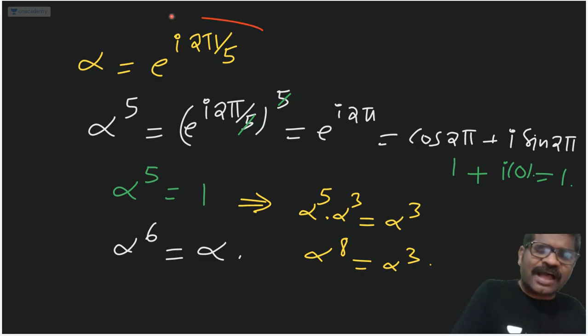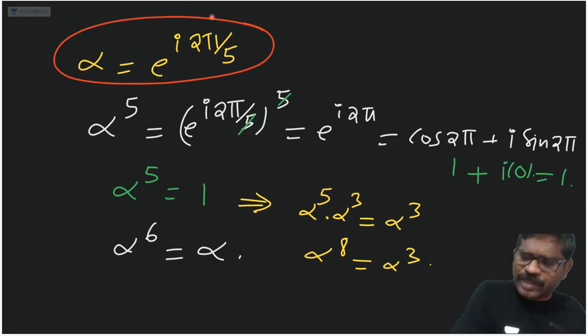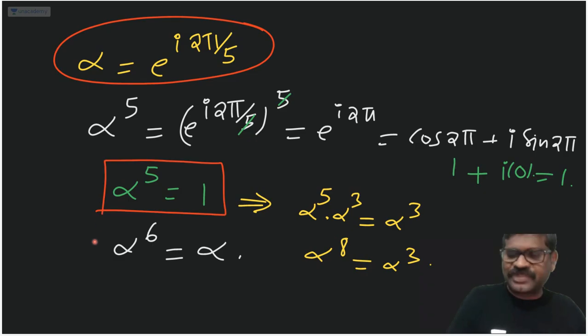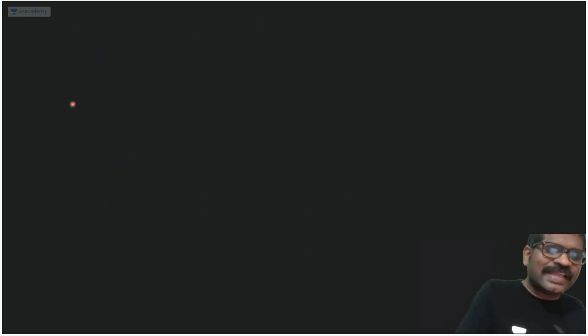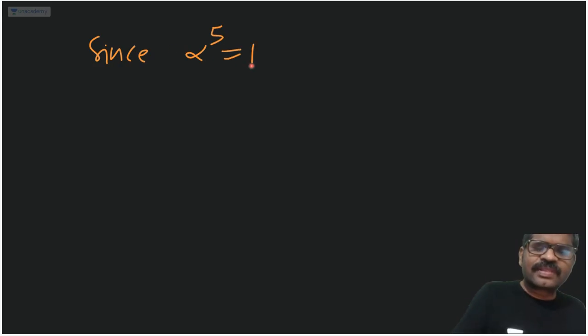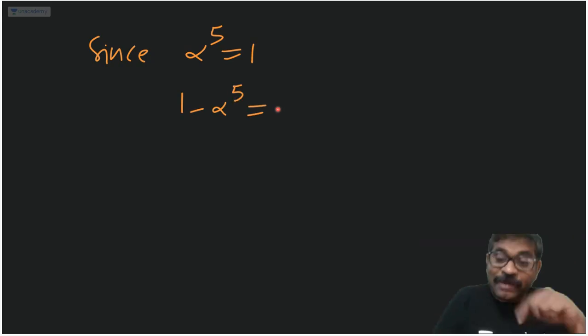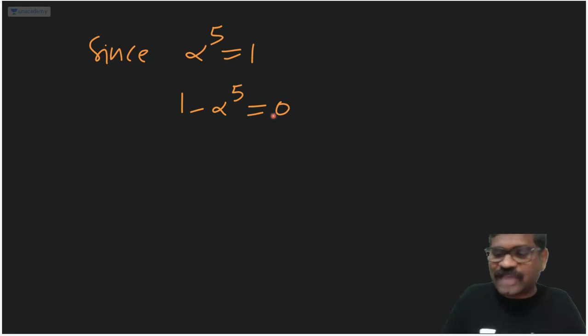Since alpha equals e power i 2π/5, we found that alpha power 5 is 1. Therefore, 1 minus alpha power 5 is 0. What is alpha here?